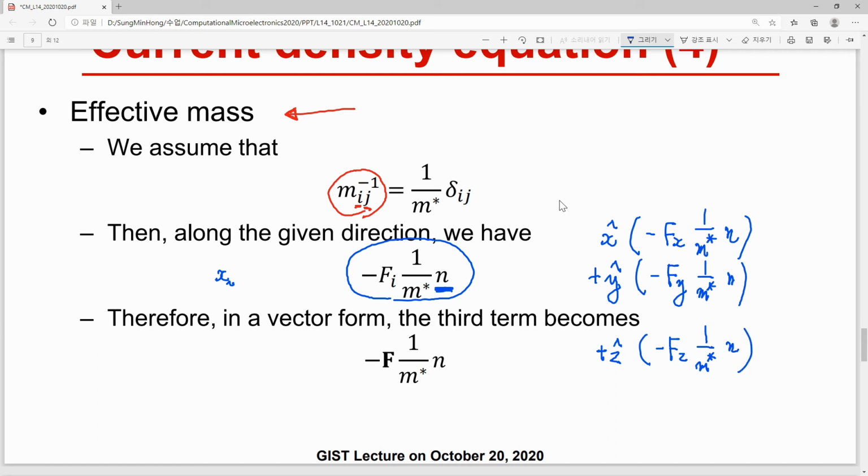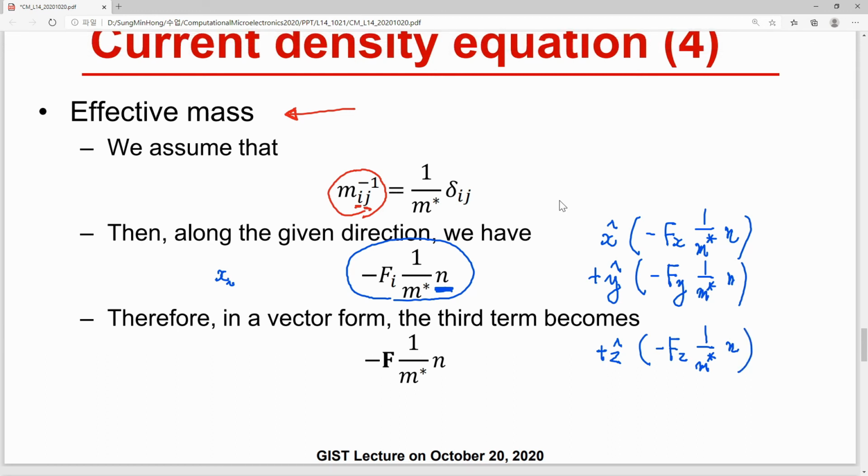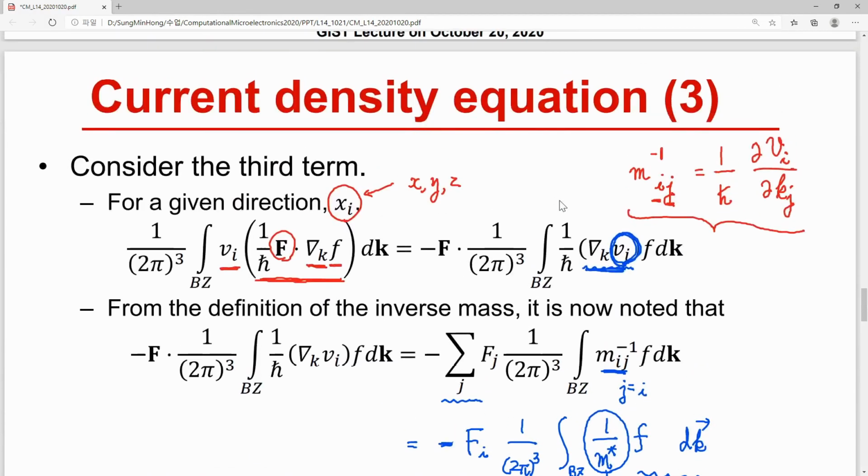By combining them, those quantities can be regarded as just scalar quantities. Now I want to conclude this short discussion about the third term.